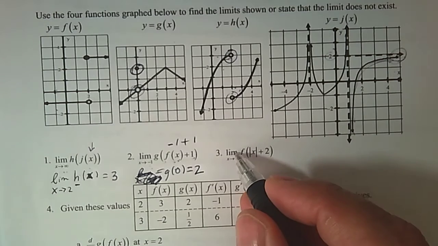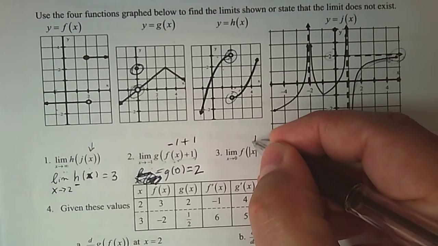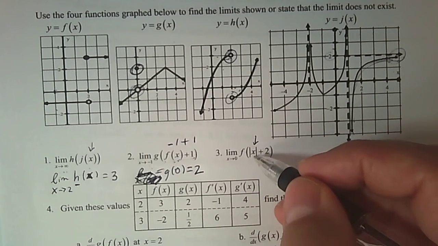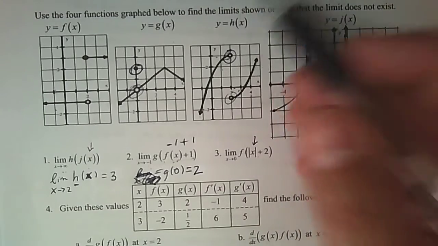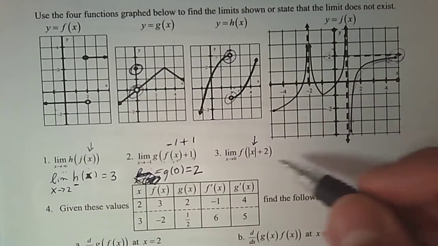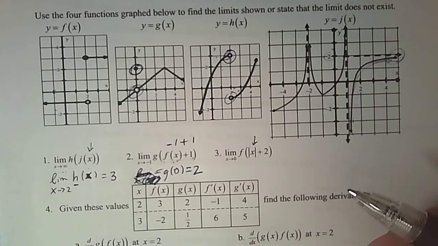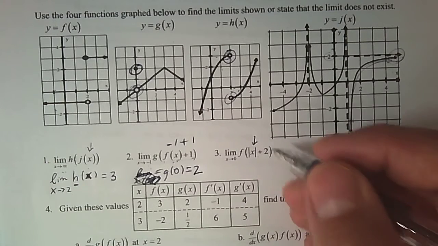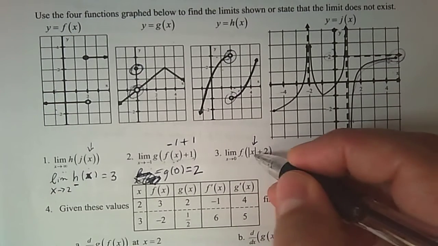What's the limit as x approaches 0 of this? Again, we're going to substitute in. So 0, when I plug in, where's f? That gives me the answer -1. And then -1 plus 2. Oh, sorry, it's not f at that.